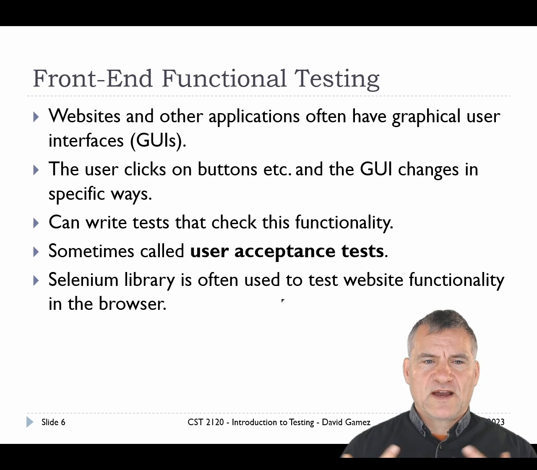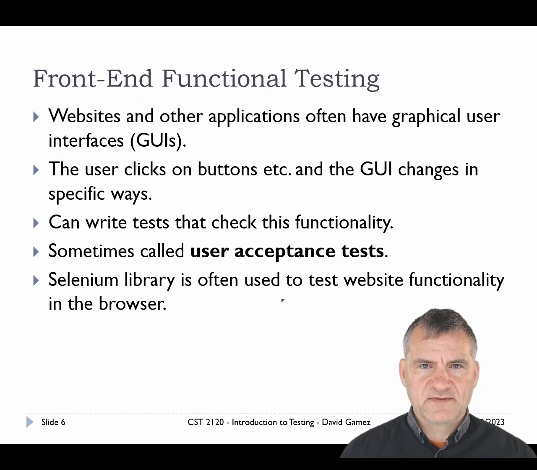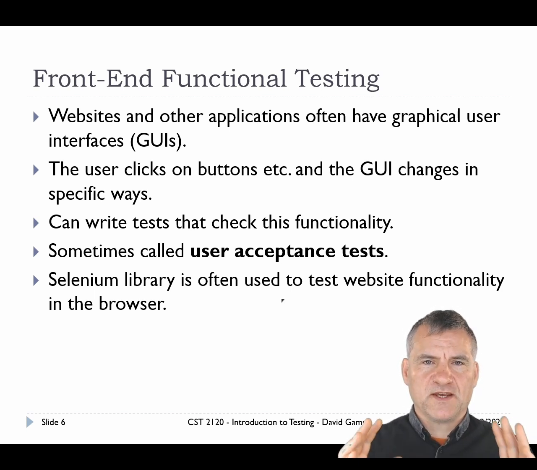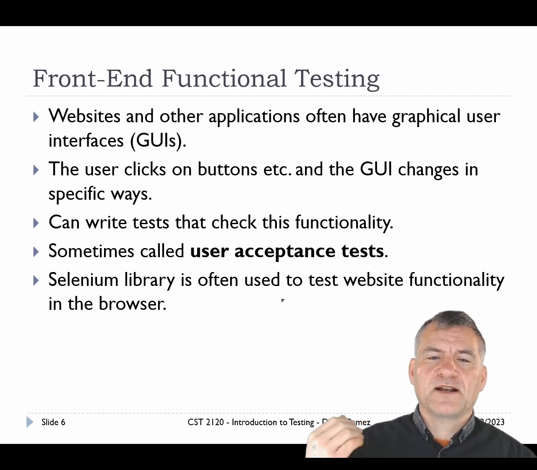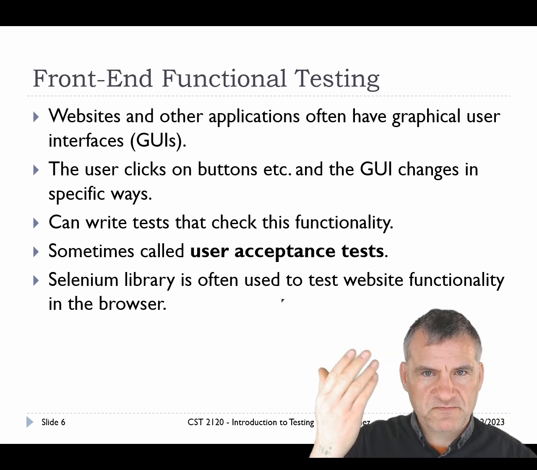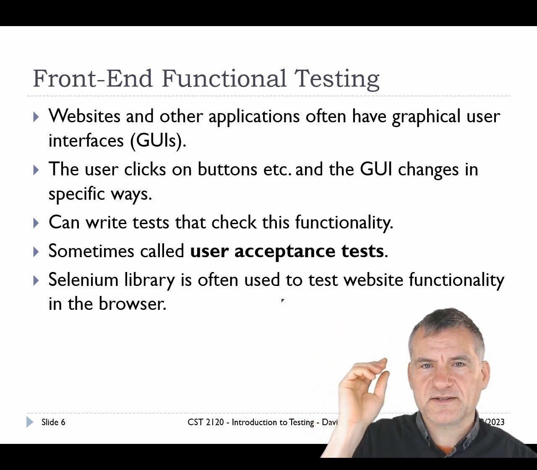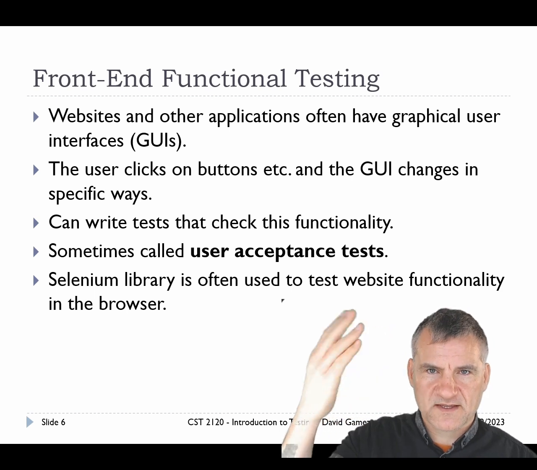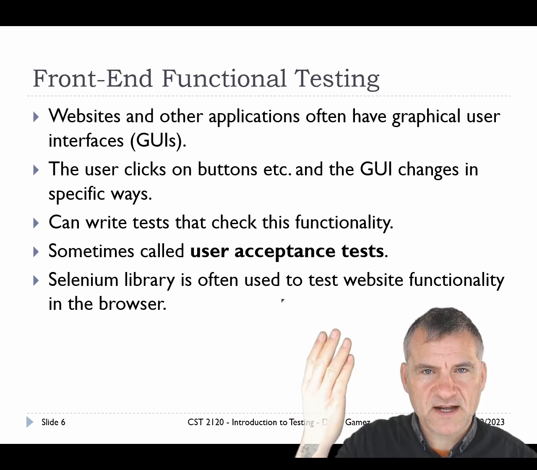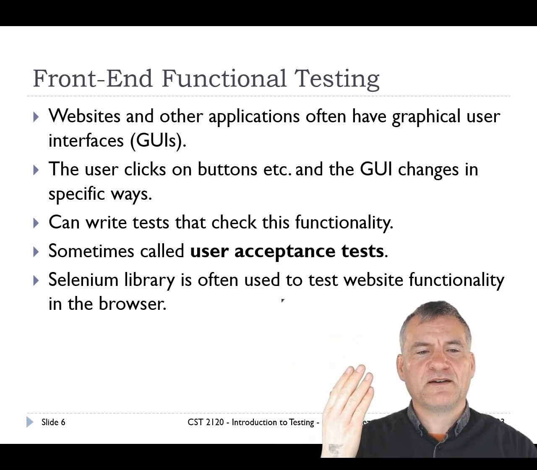So obviously you've got a lot of graphical interfaces on websites, for example, or apps. And you have certain expectations about what will happen if the user clicks on buttons. So for example, with registration, if I enter the wrong details and click on submit, the JavaScript should pick up that I've entered my email incorrectly or the password's not strong enough, that kind of stuff.